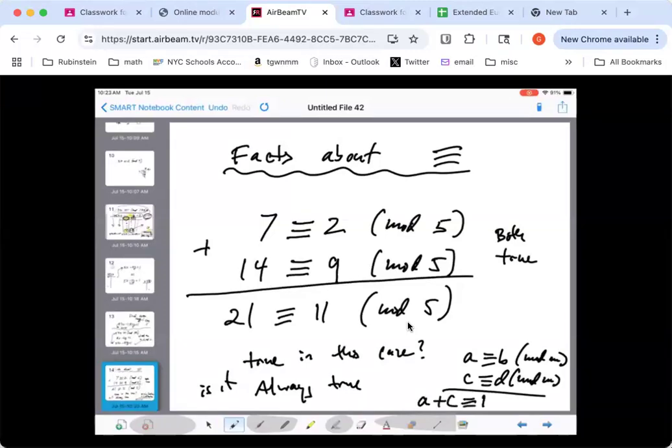So where does the 9 come from? Mod 5, a multiple of 5 would be 10. 14 minus 10 is 4. Well, yes, it also is congruent to 4, but this congruent symbol doesn't have to mean what's the remainder. It just has to mean that the two numbers have the same remainder. So 14 has a remainder 4 when you divide by 5, and so does 9.